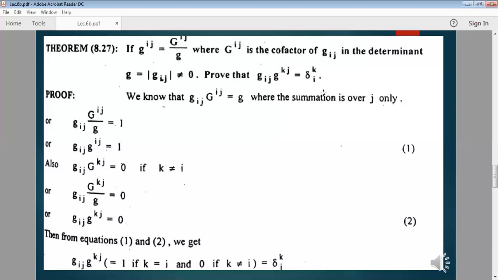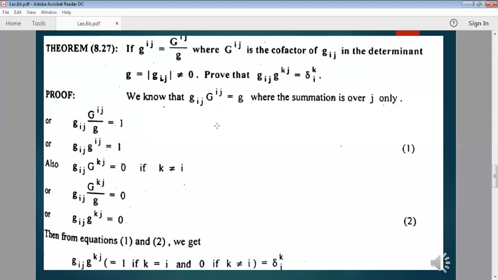As we know, g_ij times capital G_ij, the cofactors, gives answer g, where the summation is over j only.